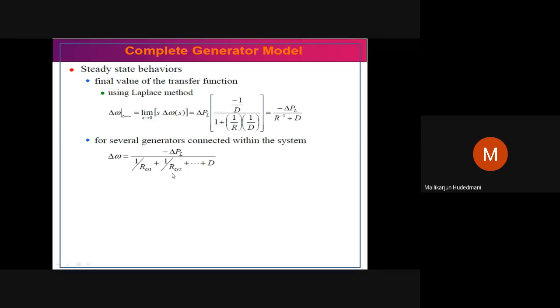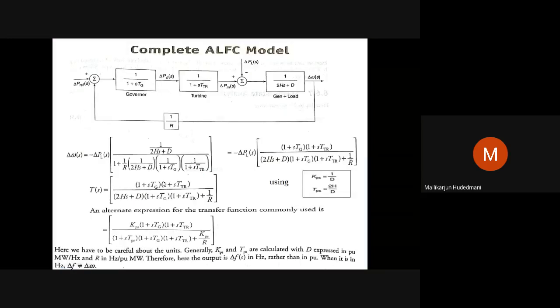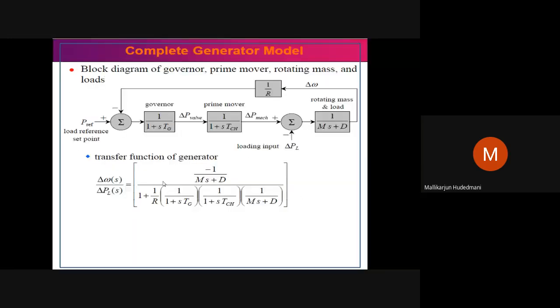So for steady state behavior, this is the equation we have referred to: delta F equals minus delta PL times 1 by (1 by R1 plus 1 by R2 plus 1 by R3 plus D). It is the equation I referred to for solving the problems. That's called steady state behavior. During the steady state behavior, this was the equation we got, so we could already use it in the problems. This is how the steady state behavior of the ALFC model can be visualized.